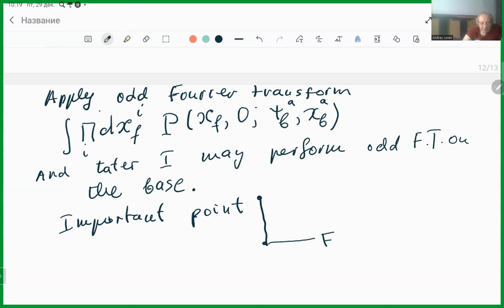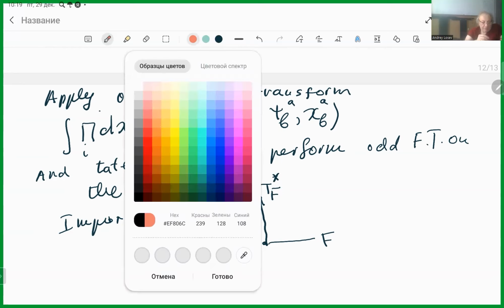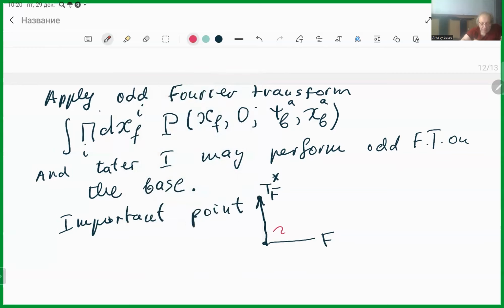And this is T star to the fiber. I integrate over this line.